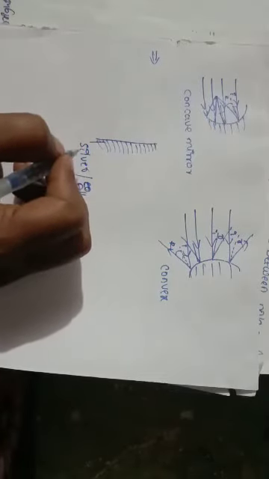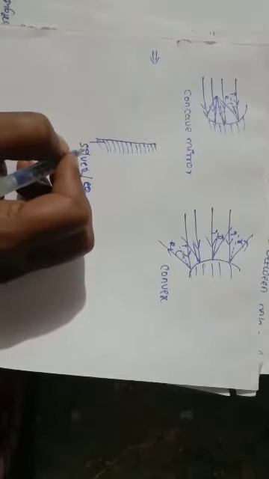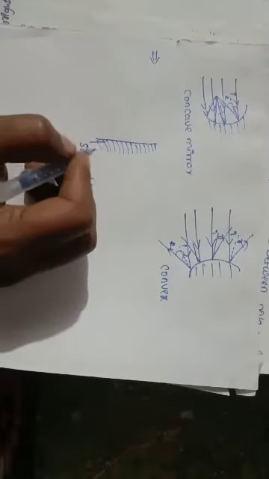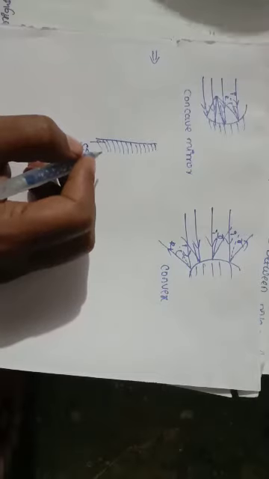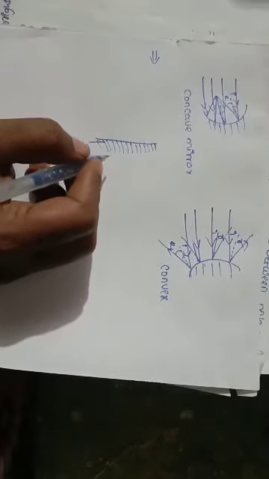Silver is very costly. That's why nowadays they are coating with aluminum. Even aluminum is a good reflector of light. So this aluminum coat is protected by this paint. While drawing ray diagrams, we use the mirror symbol like this.